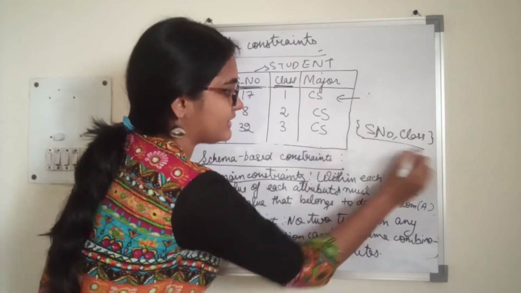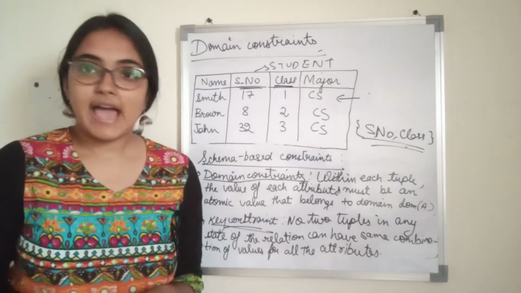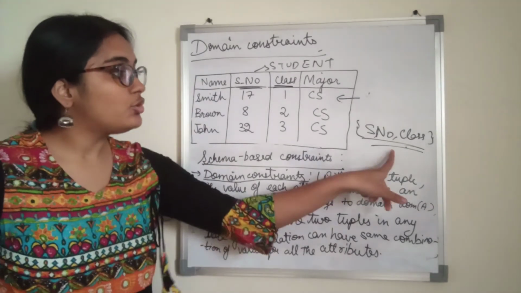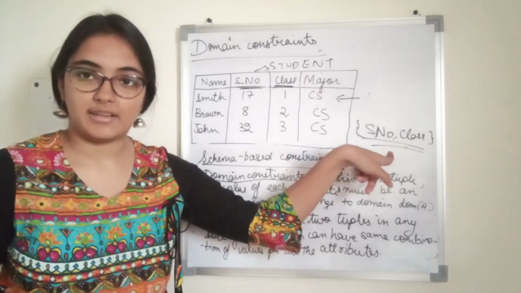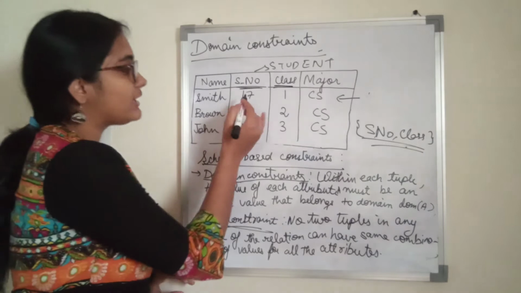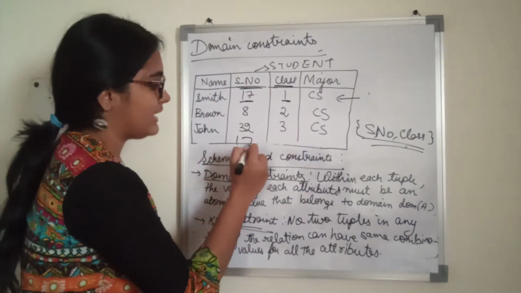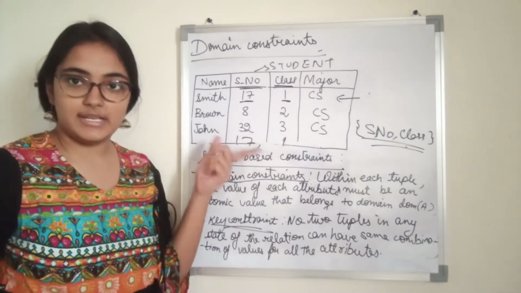I have specified these 2 attributes for this particular relation schema, student, in such a way that no 2 tuples can have the same combination of values for these 2 attributes. That is, I cannot have another tuple in this relation with the value 17, 1. Let us say that is according to the meaning of this relation schema.